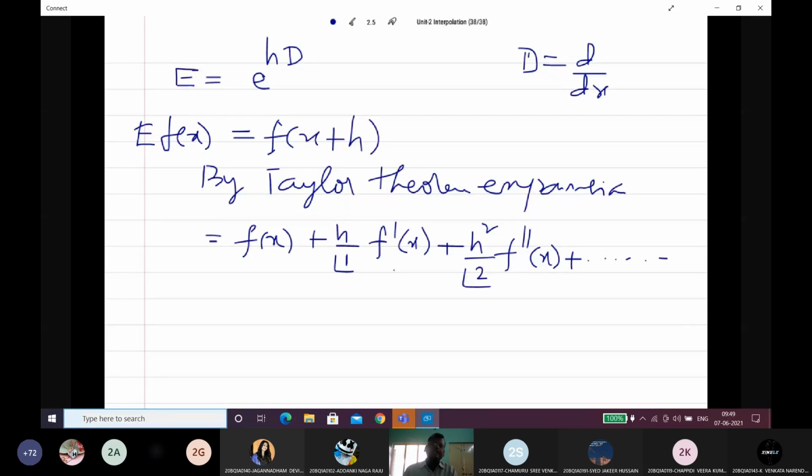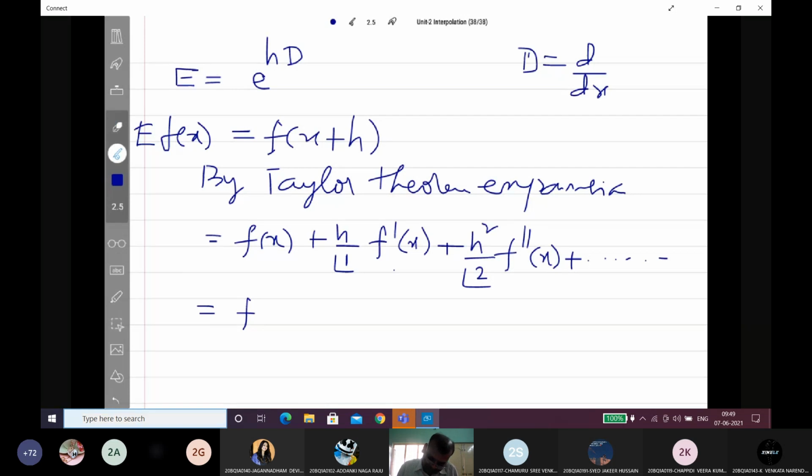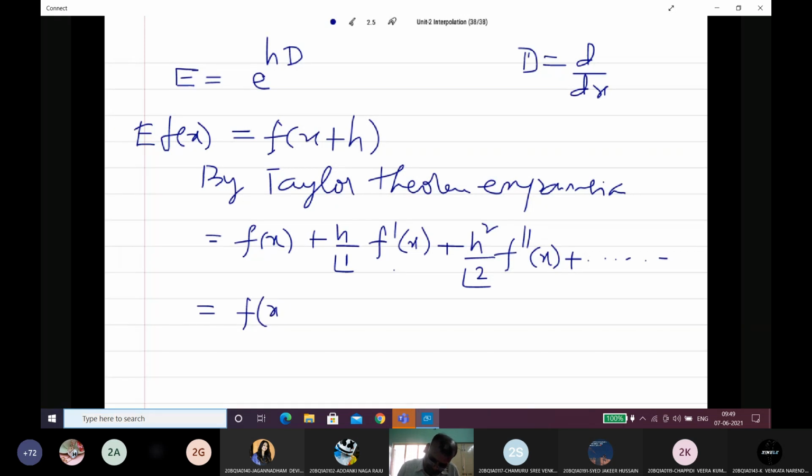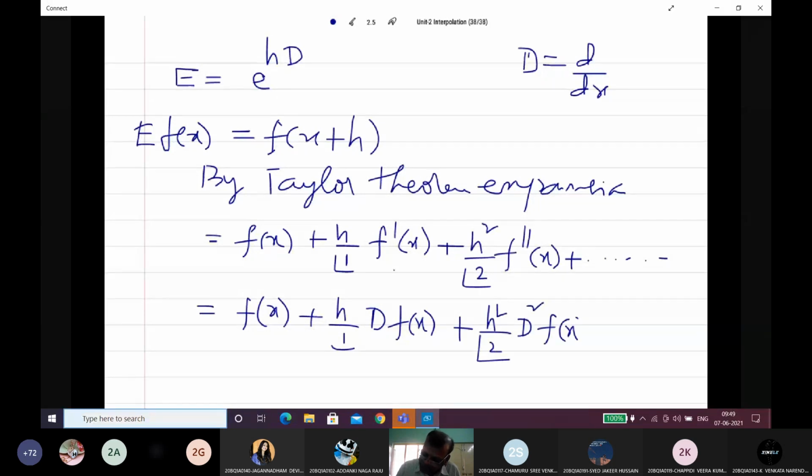Writing dash as D, we get f of x plus h by factorial 1 D of f of x plus h square by factorial 2 D square of f of x and so on.